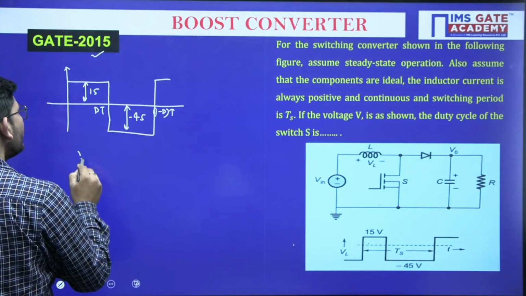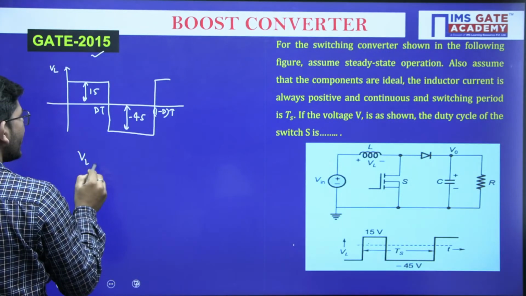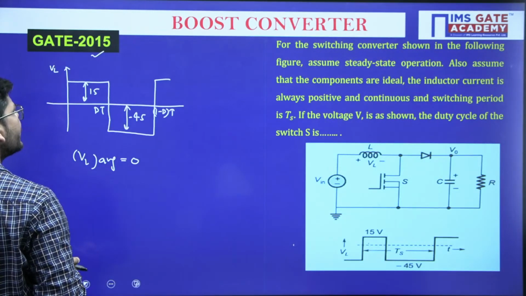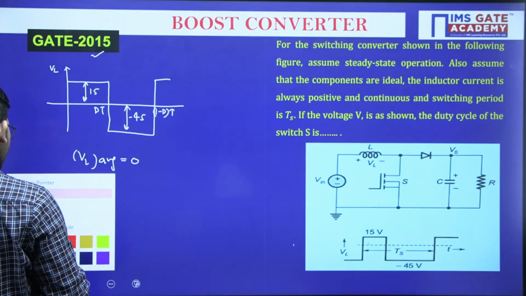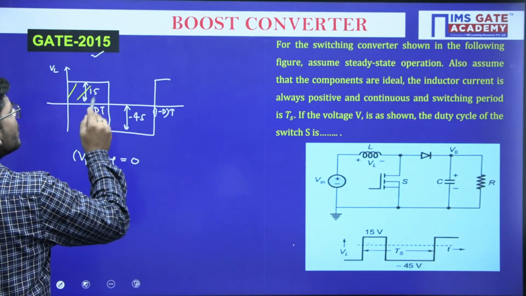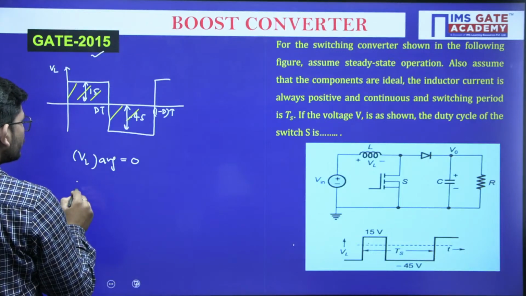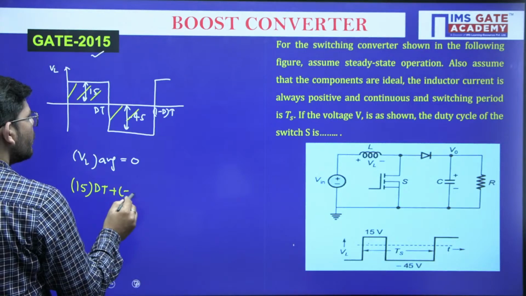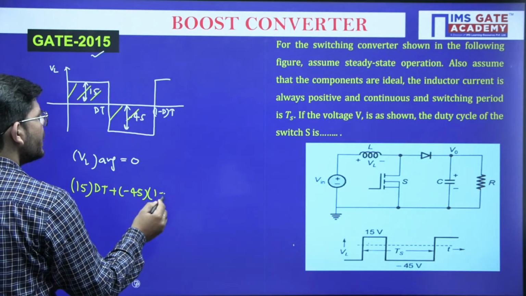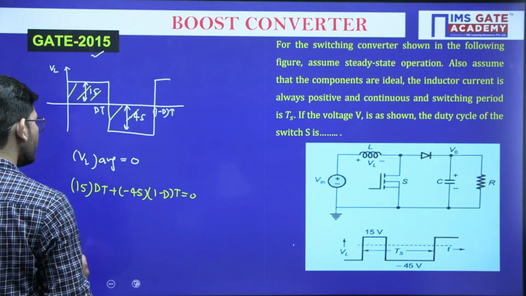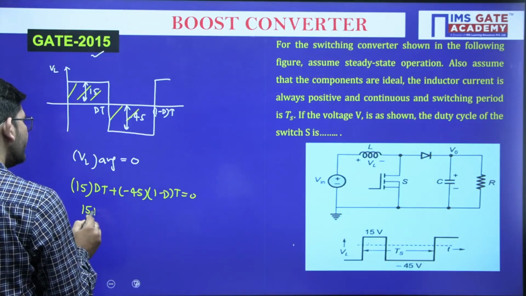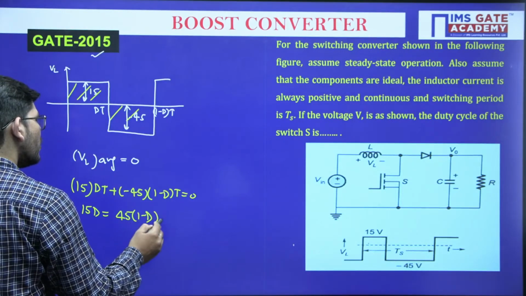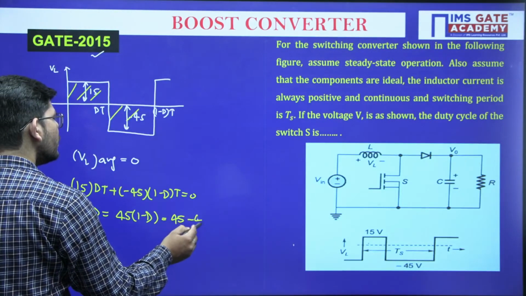Now we know that the average inductor voltage across each cycle will be 0. Average inductor voltage means we have to calculate the total area: this area plus this area will sum up to 0. So this area will be 15 into d, and this area will be minus 45 into (1 minus d), equals 0. So 15d equals 45(1 minus d), or 45 minus 45d.